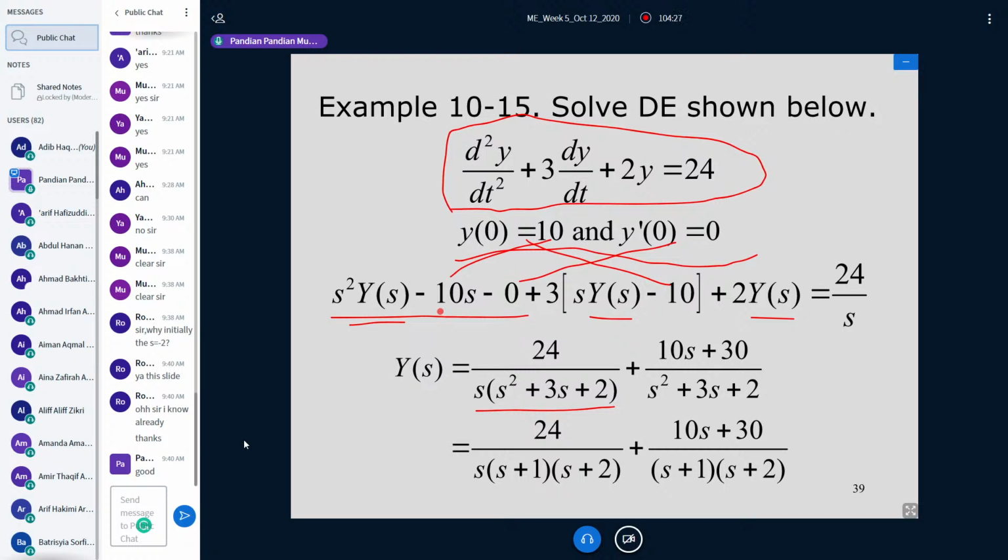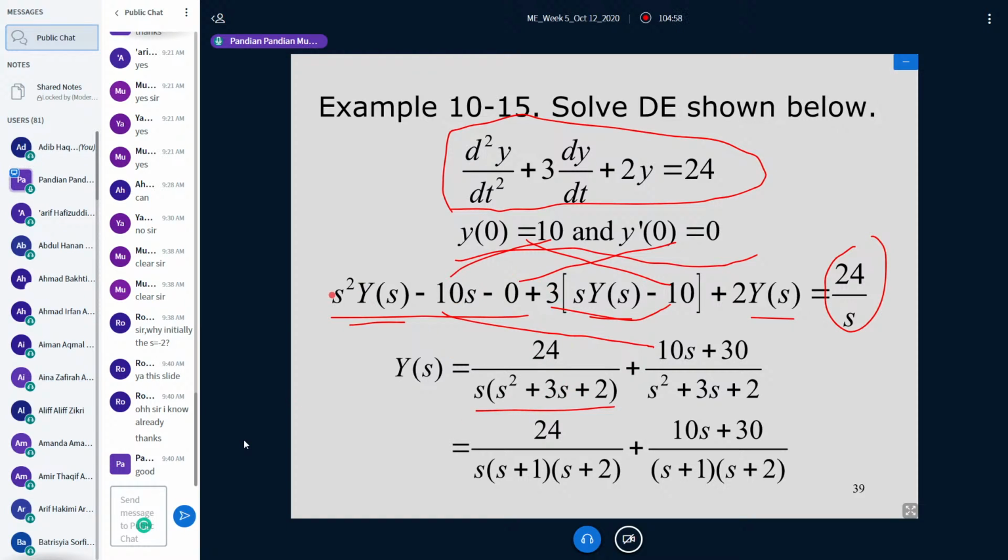So 24 over s squared plus 3s plus 2, and the minus 10s becomes 10s. 3 multiply minus 10, 30. So minus 10s, 10s positive. This is plus 30 divided by s squared plus 3s plus 2. Just now this is 24 over s, so 24 over s times s squared plus 3s plus 2, which comes from the left hand side.